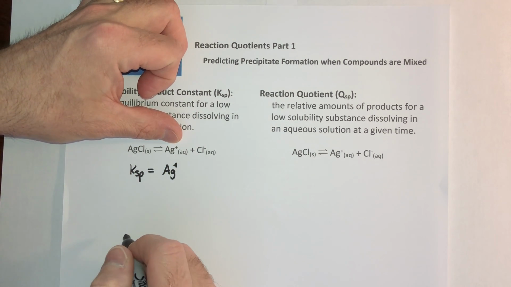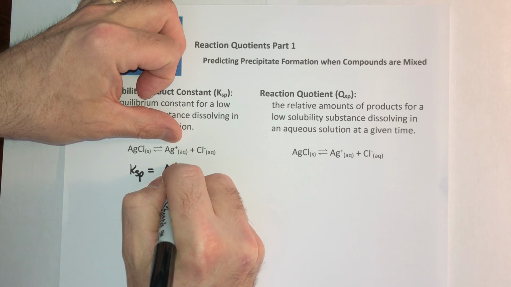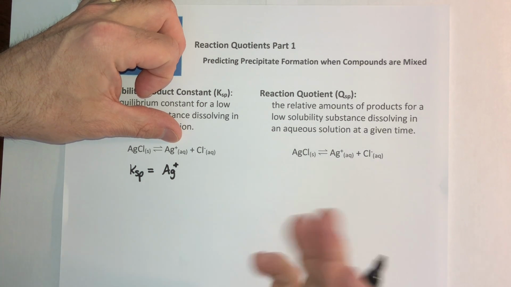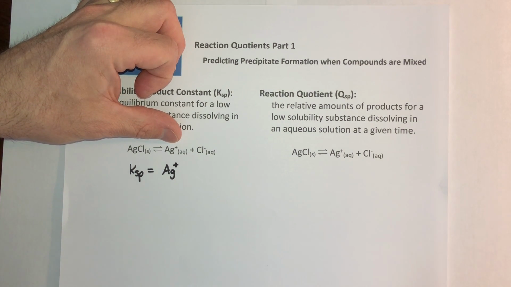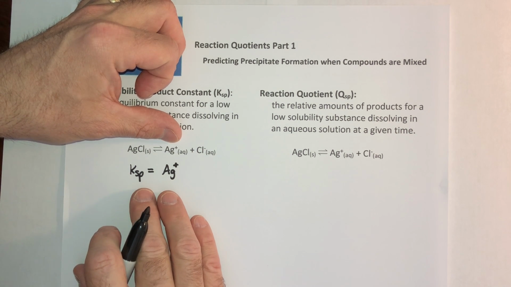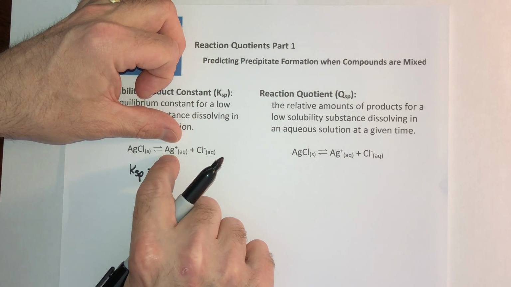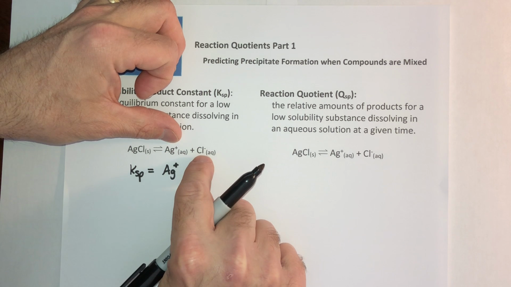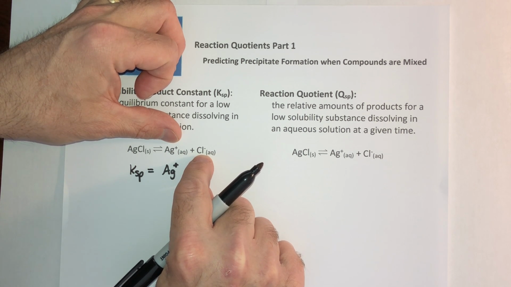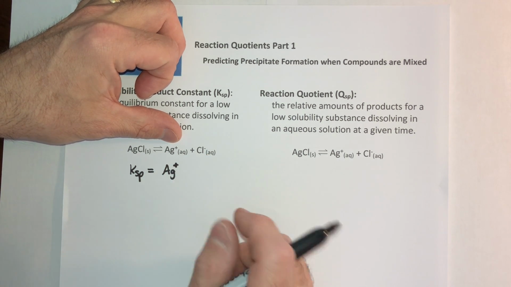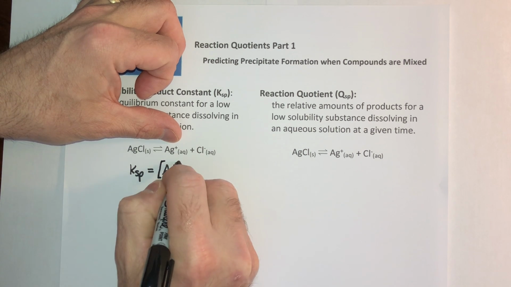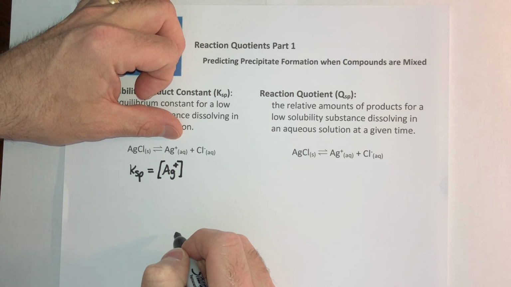Now, there's a lot of different things you can know about the silver. You could know its mass, or its volume, or a whole number of things. But the thing that we really want to talk about when we're talking about equilibrium expressions is its concentration. Okay, I want to know the concentration of the silver plus. I want to know the concentration of the chloride minus. And to show that we are dealing with concentrations, we put a square bracket around it.